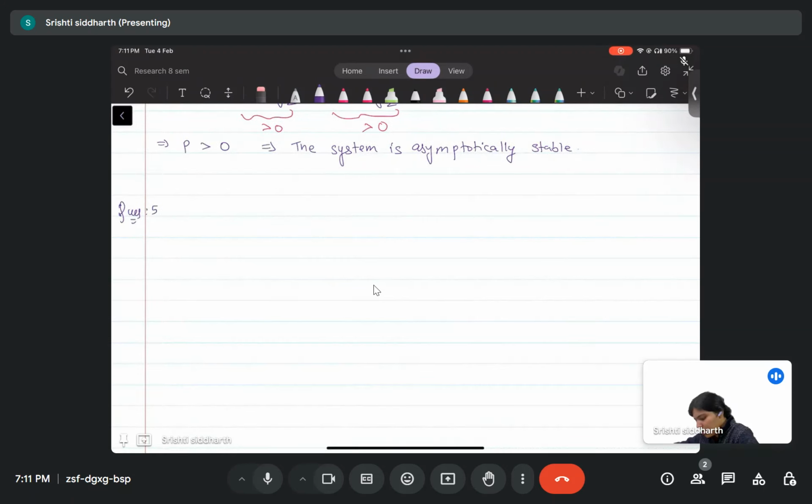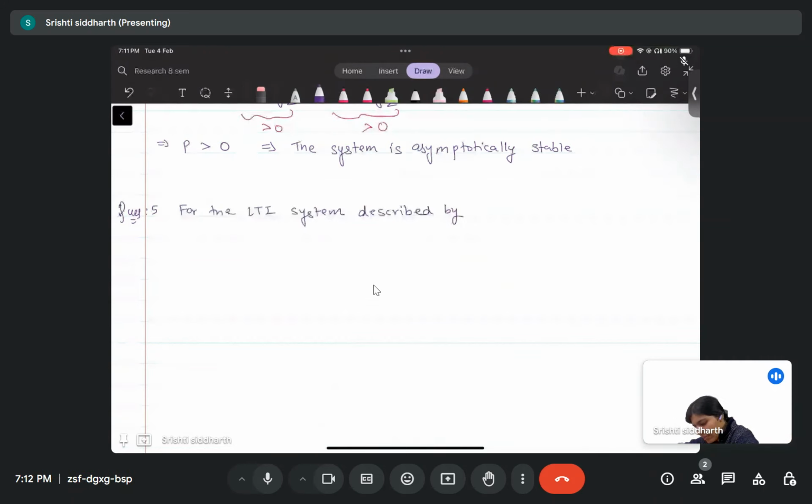So again, we have a system described by x dot equals minus 1 1 minus 2 3.